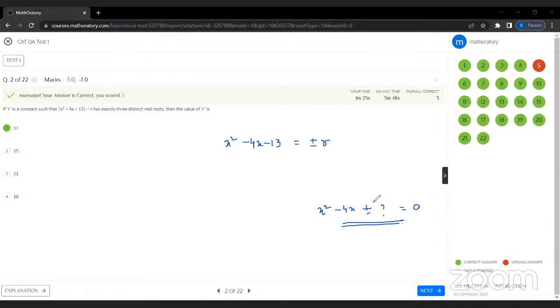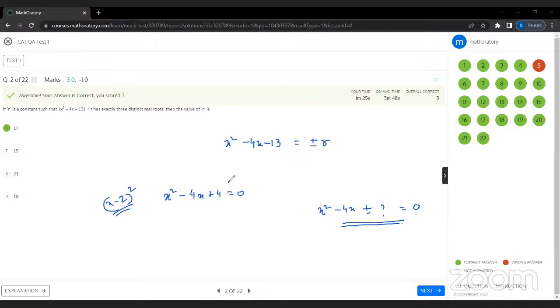And this will give me 1 real root when the discriminant is equal to 0. But remember the way I explained these in lessons and practice sessions and all. If the discriminant is equal to 0, वो तभी होता है when this becomes a perfect square, right? तो ये perfect square करने के लिए क्या करना पड़ेगा? We need to have x square minus 4x plus 4 equal to 0, right? This is x minus 2 whole square, right? A minus b का idea लगा सकते हो. So this is x minus 2 whole square.